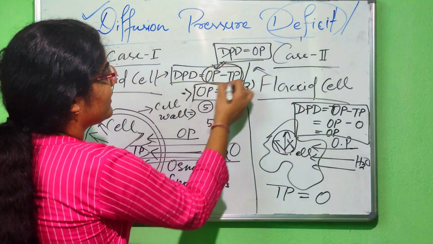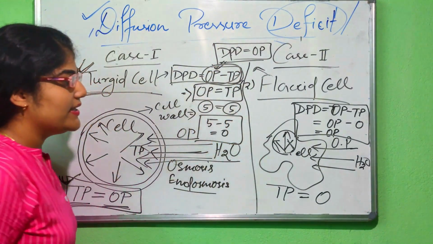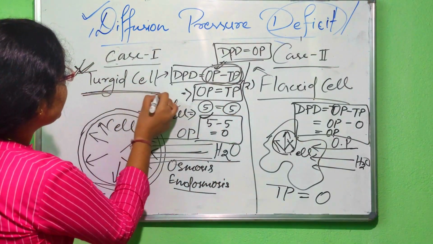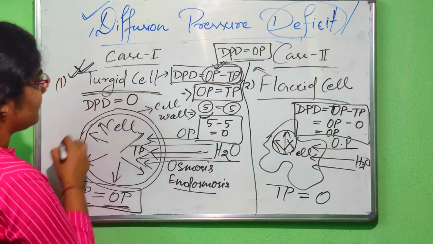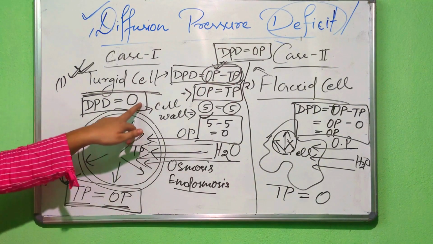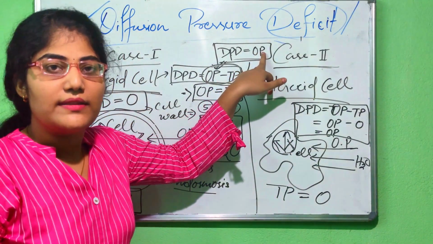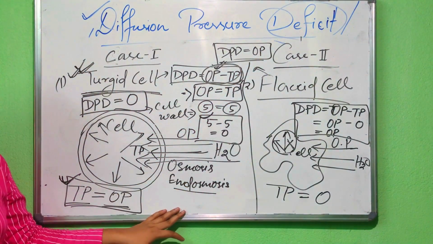This formula, OP minus TP, 5 minus 5 is equal to 0. So in the turgid cell, DPD is always 0. Note this point: DPD is always 0 in the turgid cell, and in the flaccid cell, DPD is equal to OP, that is the osmotic pressure. So this is about today's class.